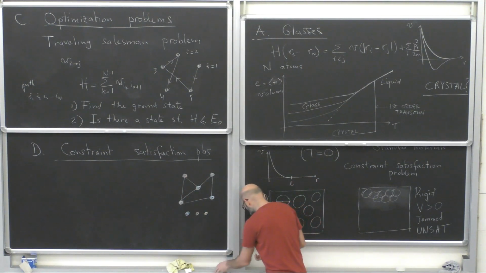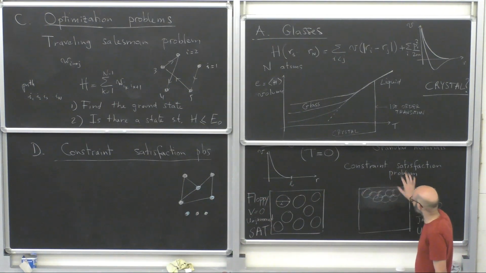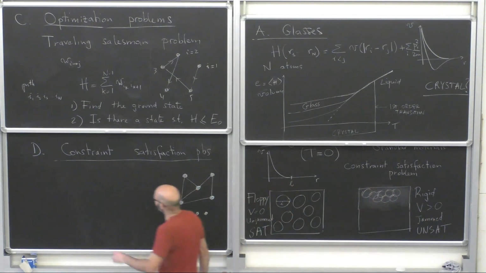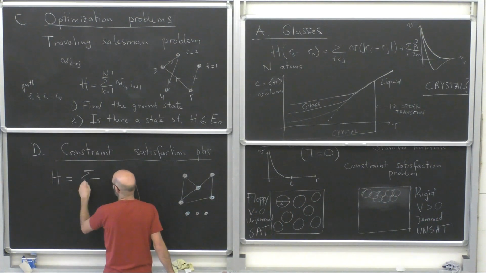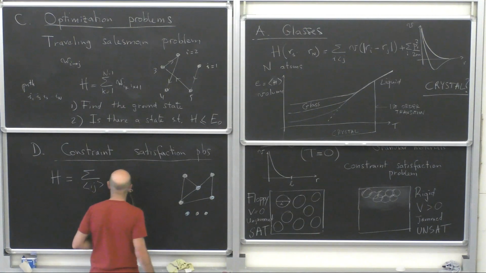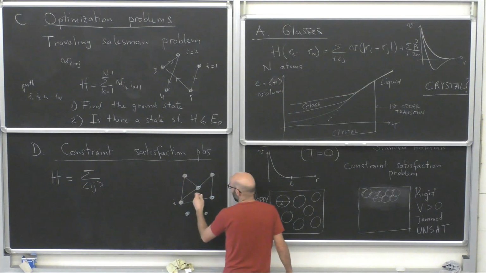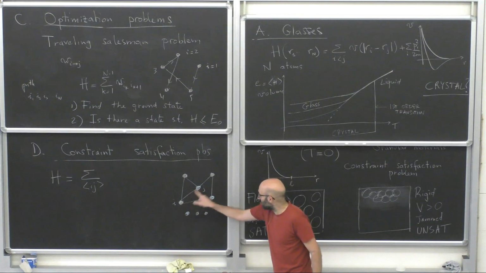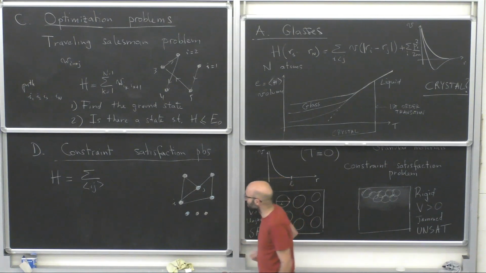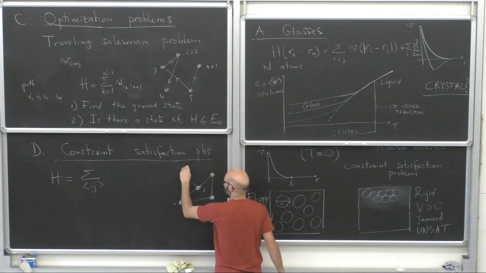How do I write this in the form of this kind of problem? Well, again, I introduce a Hamiltonian, which is the sum over links. So I give an index i to the nodes. Then I sum over all nodes i and j that are connected by a link in my graph. And then on each node, I put a variable, sigma i.